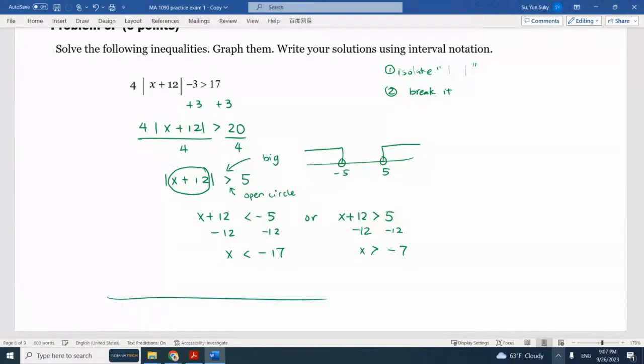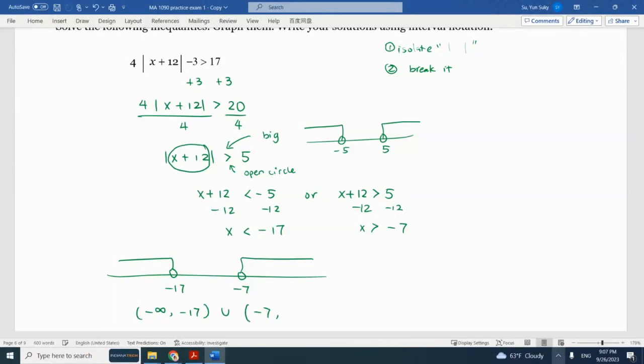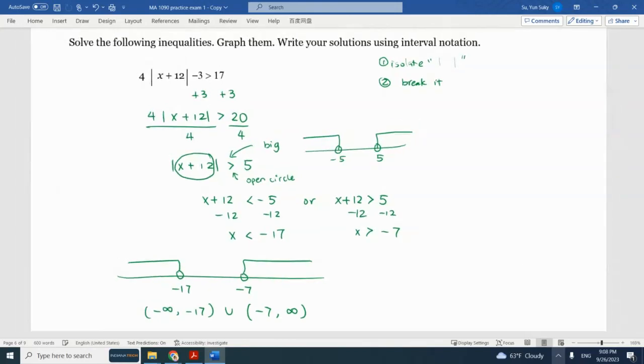So you can see x is less than minus 17 or greater than minus 7. So from minus infinity to minus 17, open, we don't include the endpoints, and minus 7 to infinity. So this is the answer.